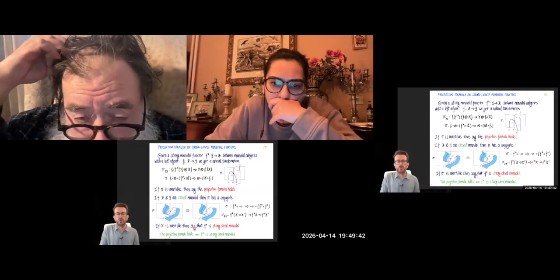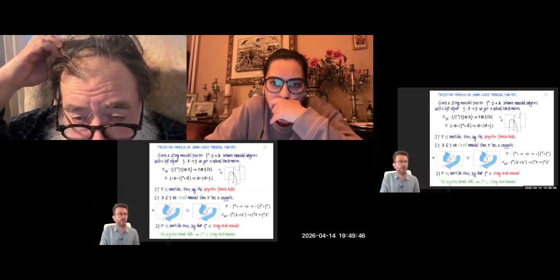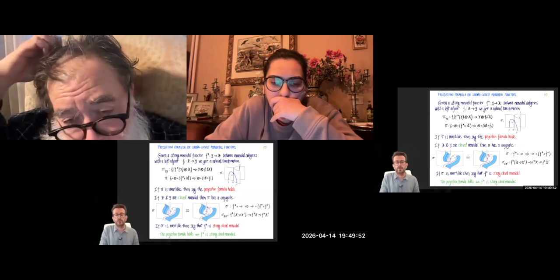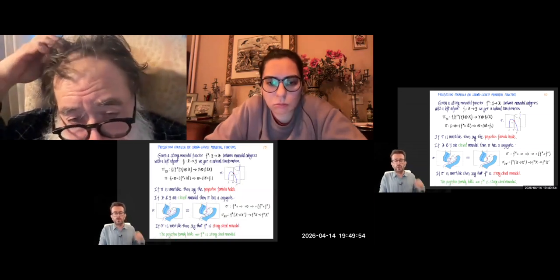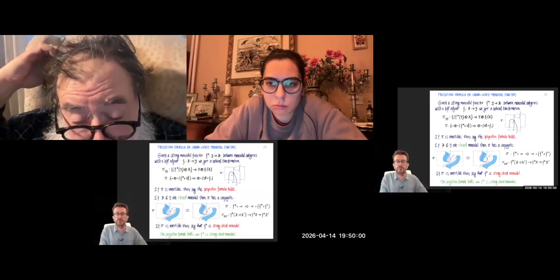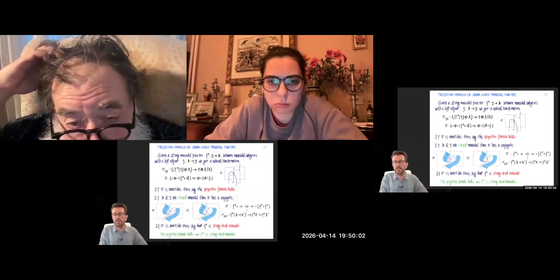But we know from what we've said that a natural transformation is invertible if and only if its conjugate is invertible. So we get that the projection formula holds. So pi is invertible, meaning the projection formula holds, this is an isomorphism, if and only if this is an isomorphism.